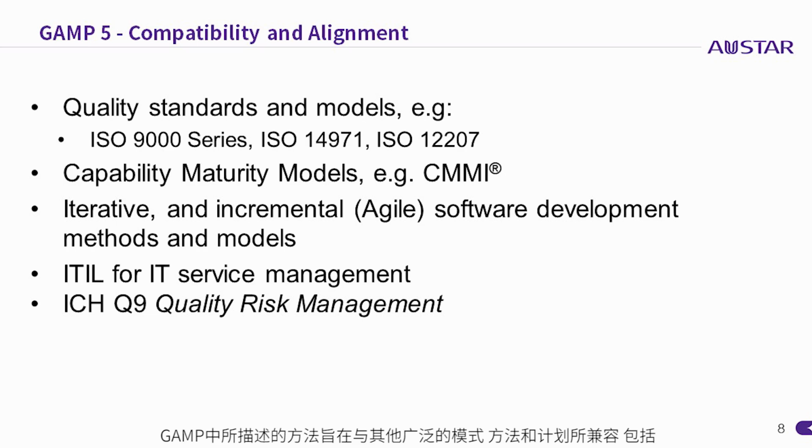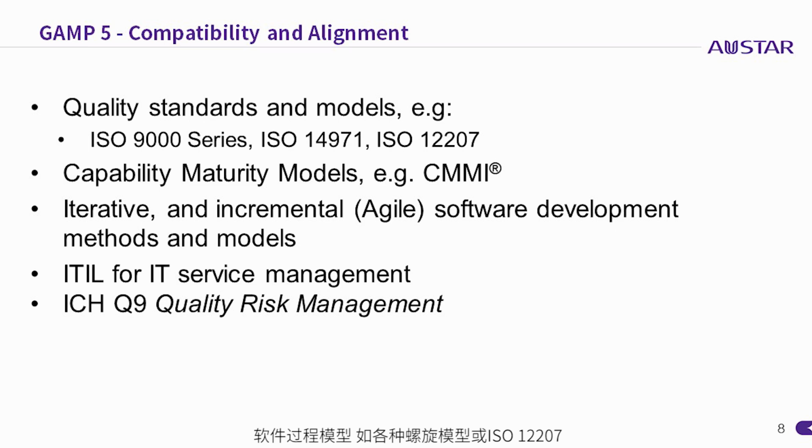The approach described in GAMP is designed to be compatible with a wide range of other models, methods, and schemes, including quality system standards such as those of IEEE and certification schemes such as the ISO 9001 series. Schemes for assessing and improving organization capability and maturity, such as Capability Maturity Model Integration, CMMI.